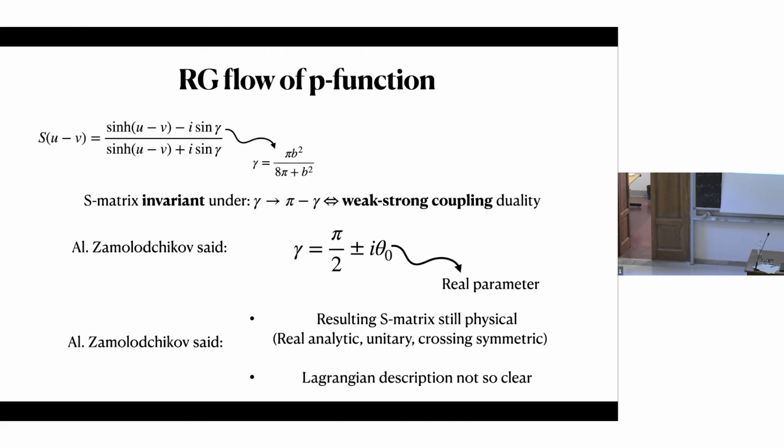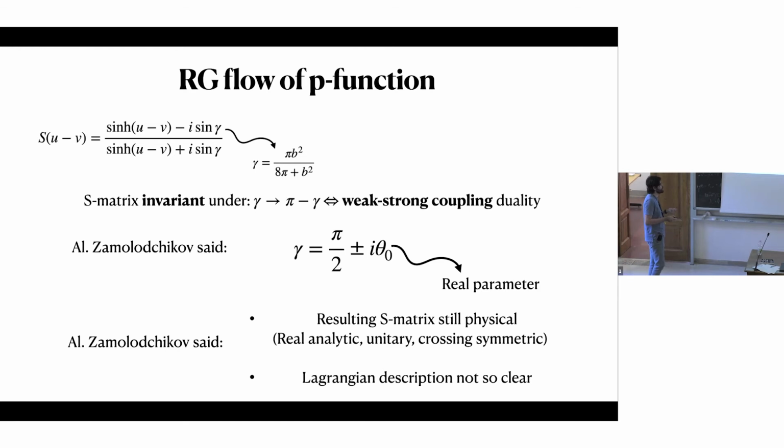Let's do an analytic continuation by some theta 0, which is a real parameter, so this is a continuation to the complex plane. Notice that this is something strange to do because this is the coupling, so you are continuing the coupling to a complex value. But the idea of Zamolodchikov is that at the level of the Lagrangian, doing this might be a little bit sick, but you get a new S matrix, which is still physical in the sense that it satisfies all the good things that you like.